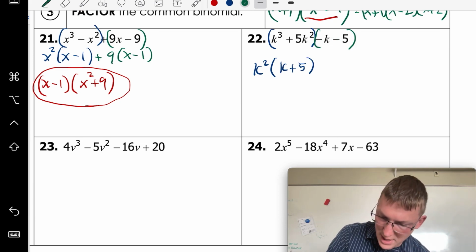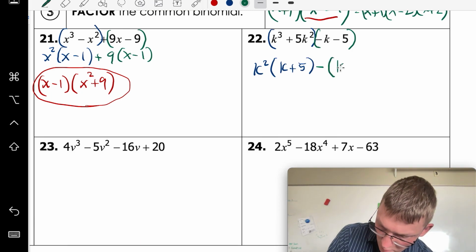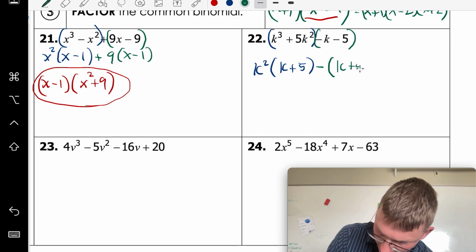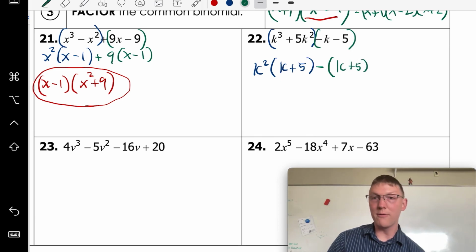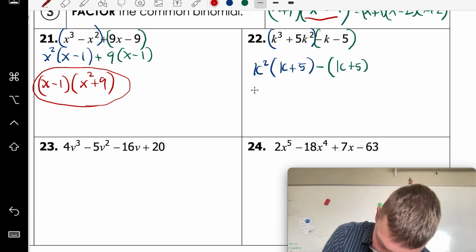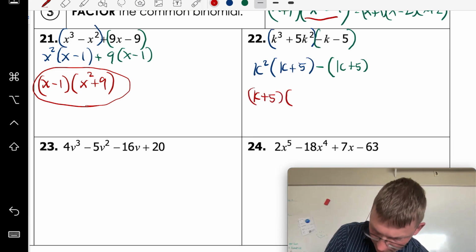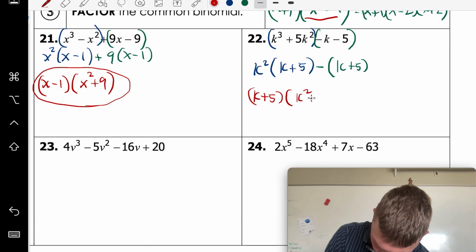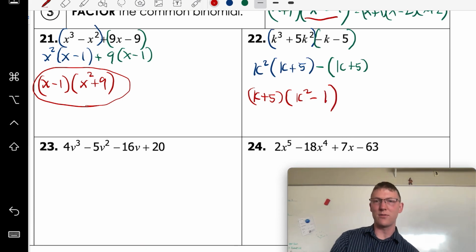So we want to pull out that -1 or just negative sign so that we get a positive k plus 5. So now these two things match. We can factor that out. So here we go. We're going to factor out a k plus 5. Then what we have left over is k squared minus 1 because we took the entire k plus 5.